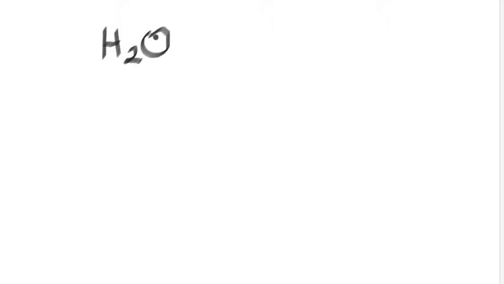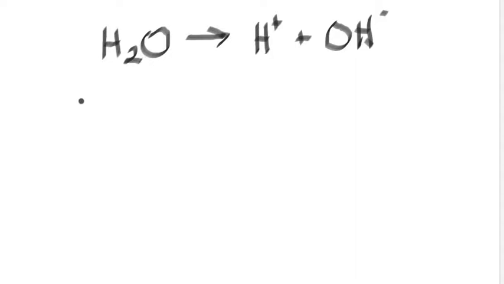So if we took a glass of water or a beaker of water, and we could watch the molecules and see what they'd do, they actually will ionize on their own and form those two ions that we've been referring to. They form a water molecule, form a hydrogen ion and a hydroxide ion. And how that happens is it's really just one water molecule steals a hydrogen from another.